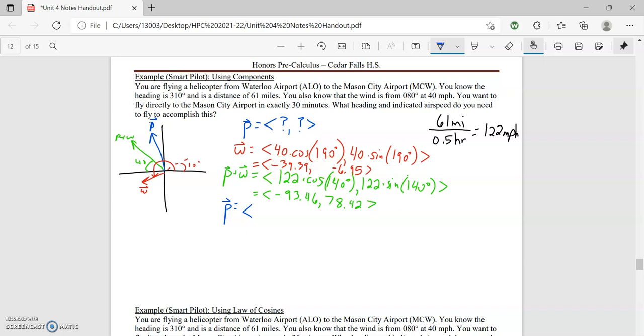So let's do this. Let's take P plus W minus W. So we take negative 93.46 minus negative 39.39, and we get negative 54.06 approximately for the x, and 78 minus negative 6, we get 85.3.